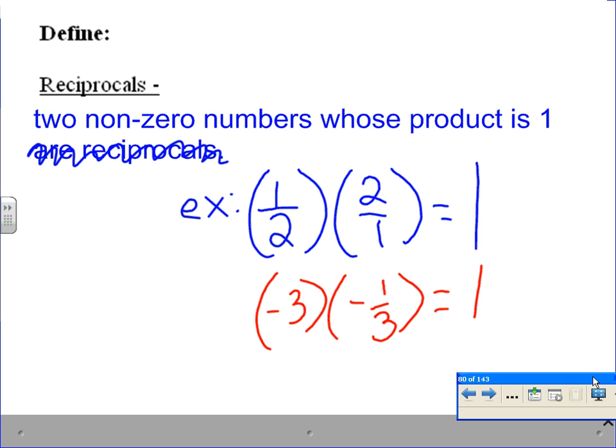So 1/2 times 2/1 is 1, because we know the reciprocal or inverse of 1/2 is 2. We know the reciprocal or inverse of -3 is -1/3. So when you're flipping something, remember, you don't change the sign. You're just flipping it. Definition of a reciprocal is 2 non-zero numbers whose product is 1.